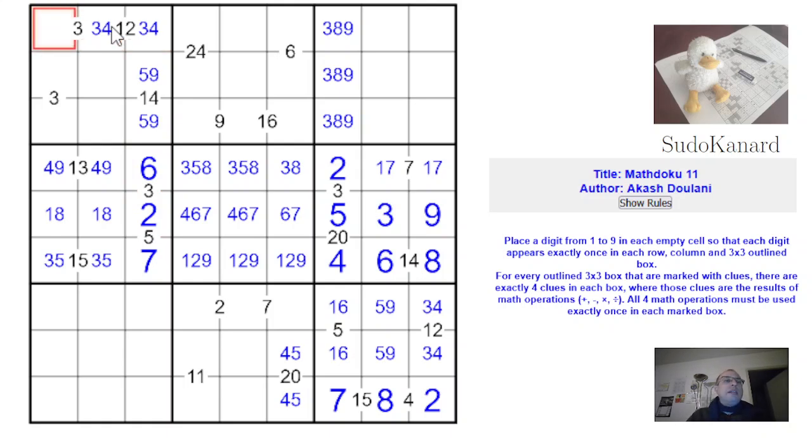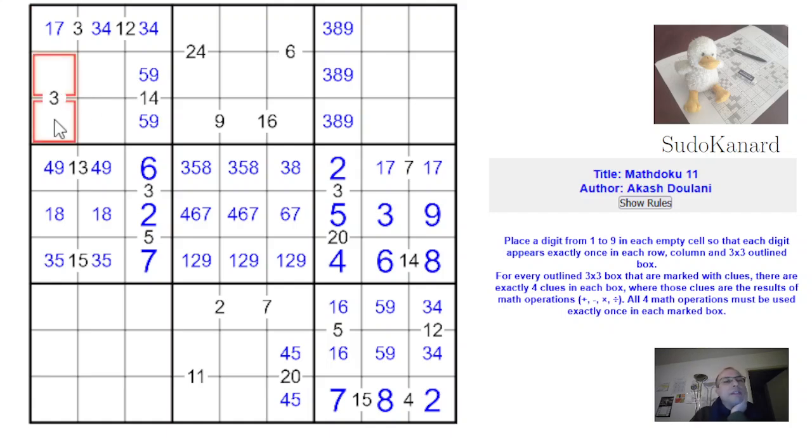And here is ambiguity. This 3 could be achieved by 3 divided by 1, not 9 divided by 3, or 7 minus 4, or 4 minus 1. So this is from 1 and 7.